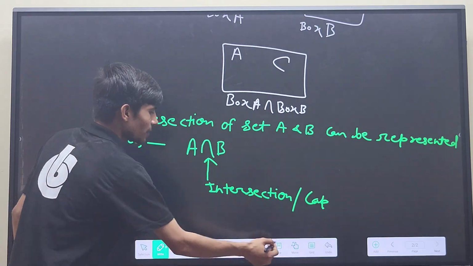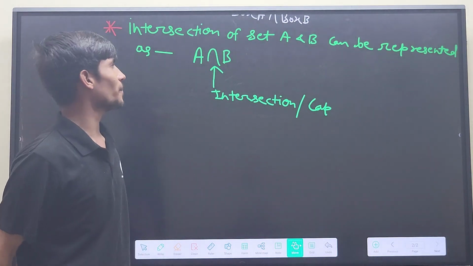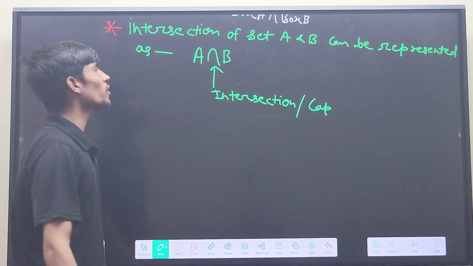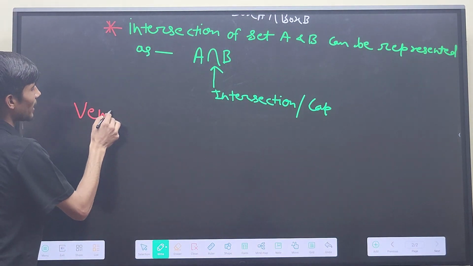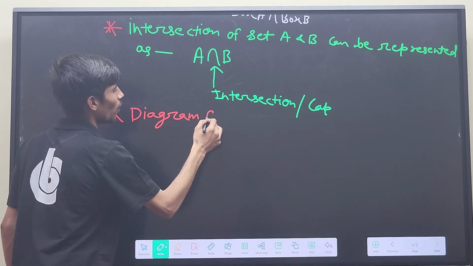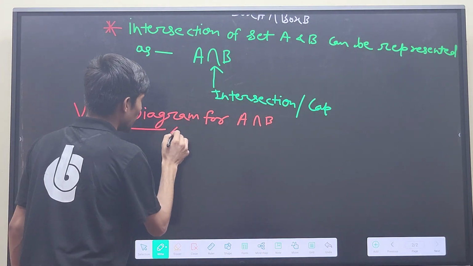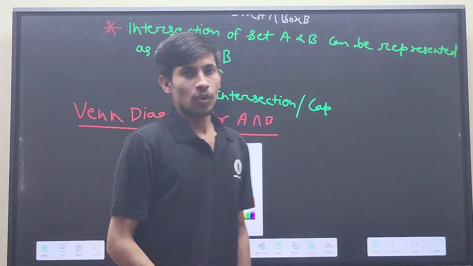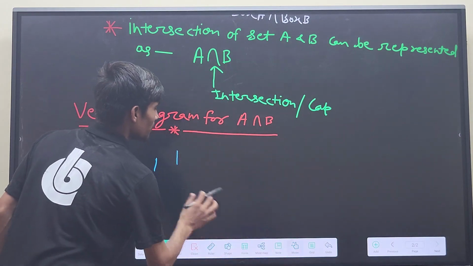Now let me tell you how to represent A intersection B in the form of a Venn diagram. Just make a simple heading: Venn diagram for A intersection B. Clear? Now, how will we make the Venn diagram?